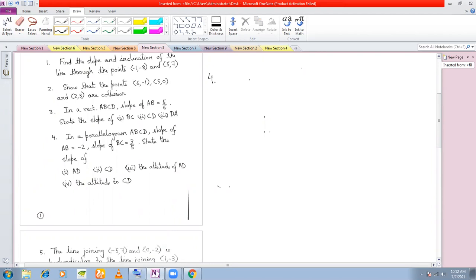In a parallelogram ABCD, slope of AB and slope of BC are given. Slope of AB is given to be minus 2, slope of BC is given to be 3 by 5. State the slopes of the following, and then you have the question.